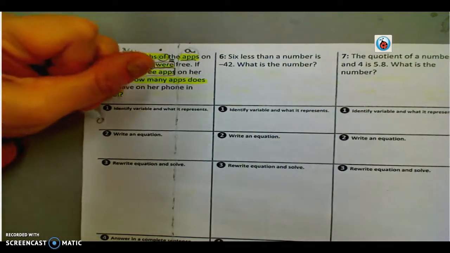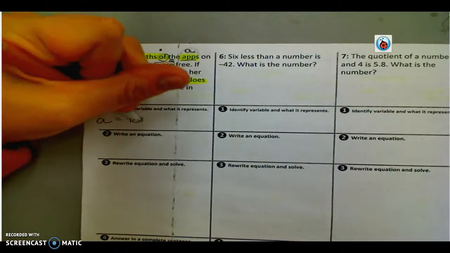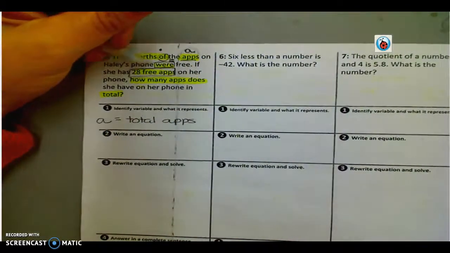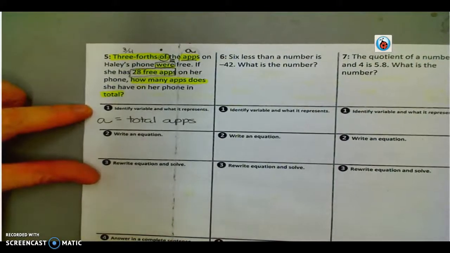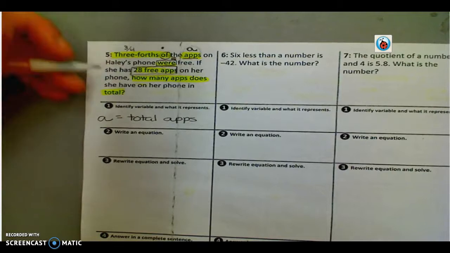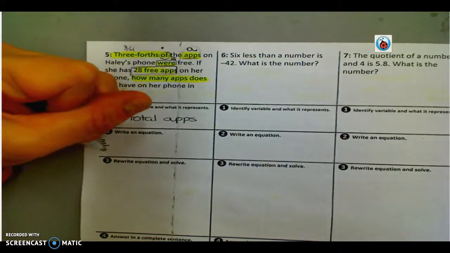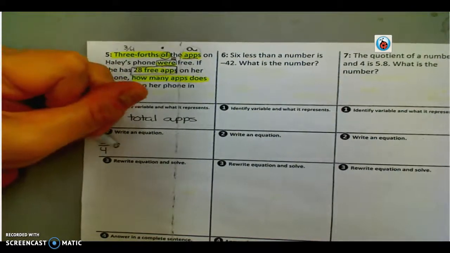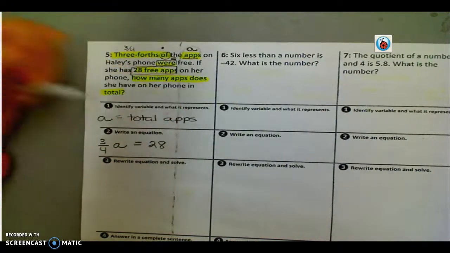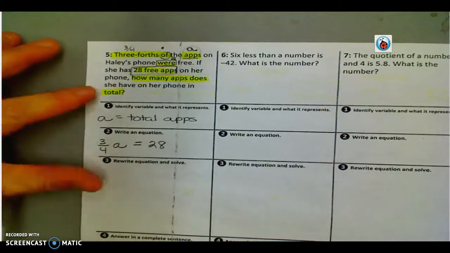All right, so we're going to say A equals total apps. We don't want to just say apps because there's a difference. There's free and then there's how many she has in total. All right, so now my equation. As I was doing it, I already formed it. So it's 3/4 of means multiply A equals 28.